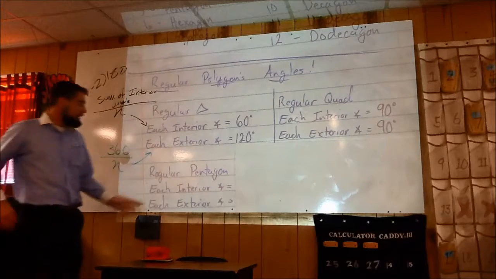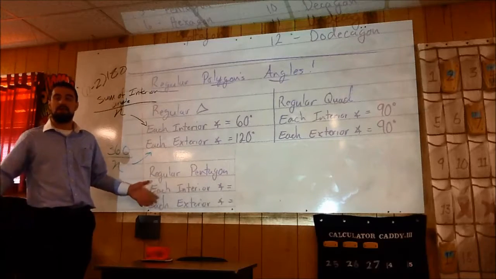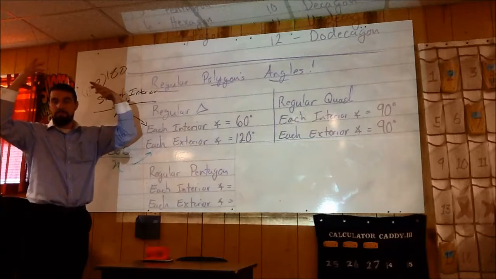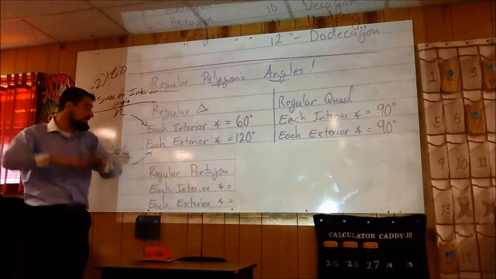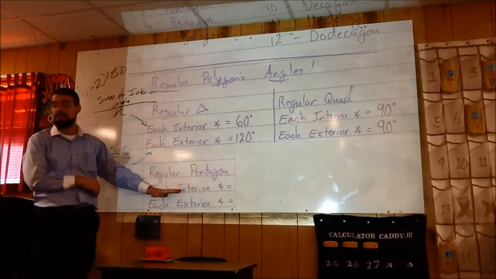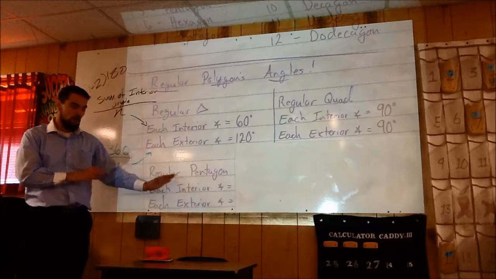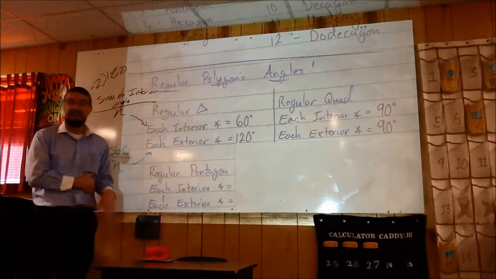What is the sum of the interior angles of a pentagon? What's the sum of all 5? 540. Well, that's being evenly split between the 5 interior angles because it's a regular pentagon. So what is each one going to be? 108. Good.